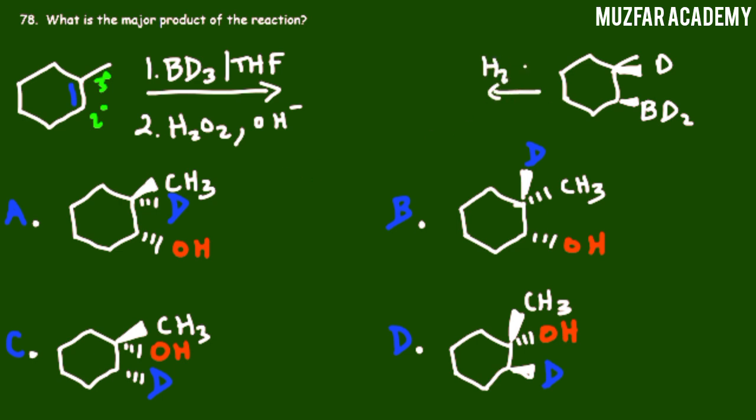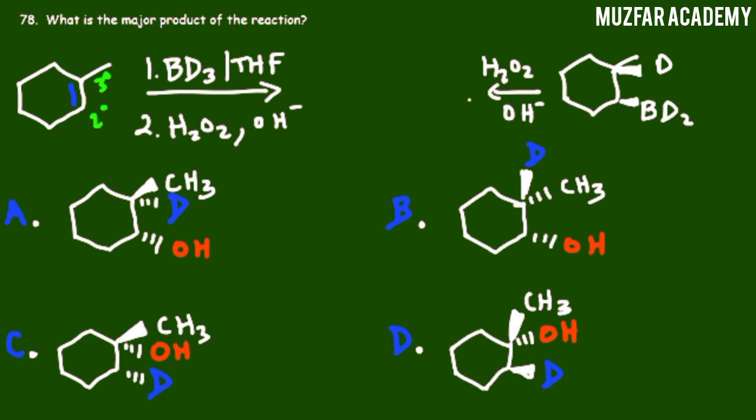Now, when you add step 2, hydrogen peroxide and hydroxide, this gets replaced with an OH group from hydrogen peroxide. The hydroxide simply removes the hydrogen from hydrogen peroxide, but the OH group that this will be replaced by comes from the hydrogen peroxide.